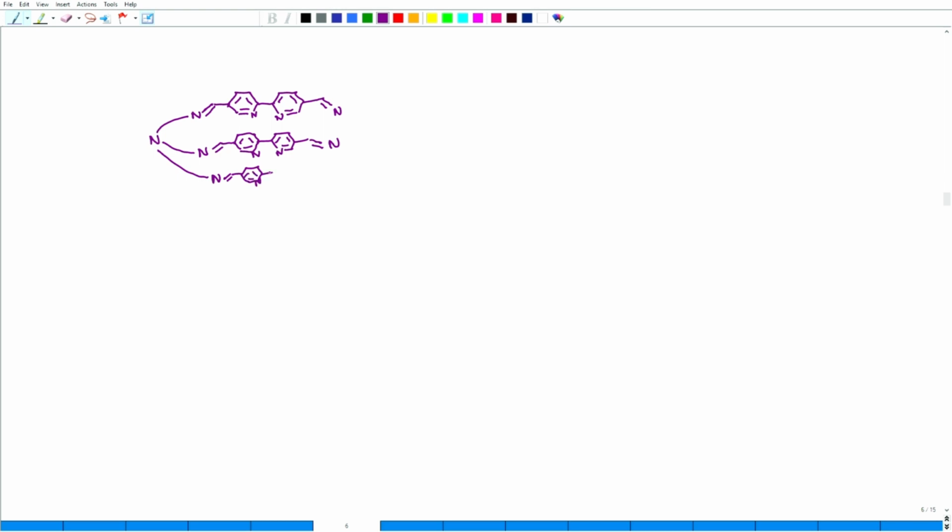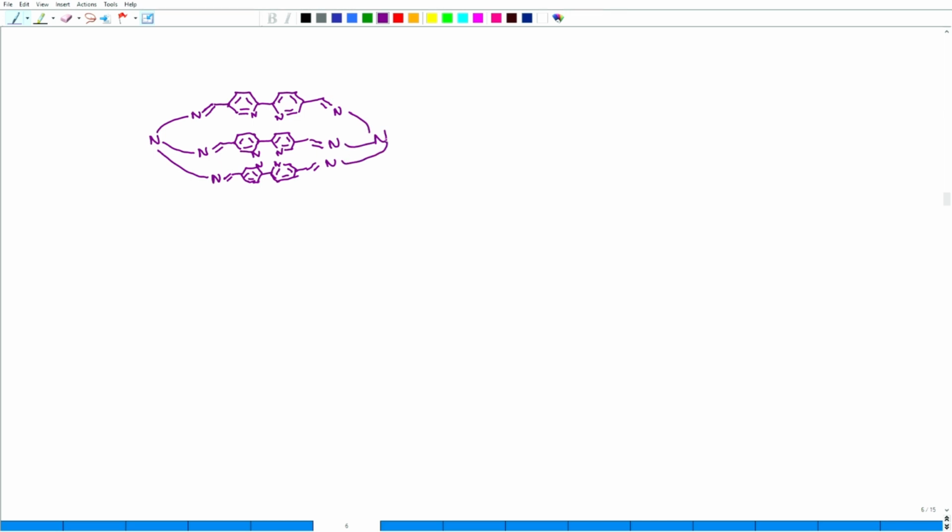So, I am writing this, maybe I should write it inside. Nitrogen is inside, it can go inside, rotate. And then this is strain.